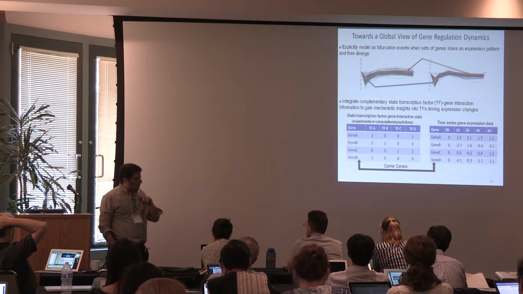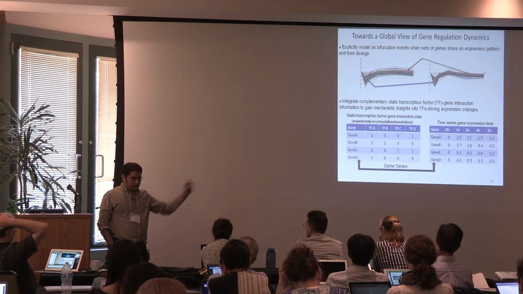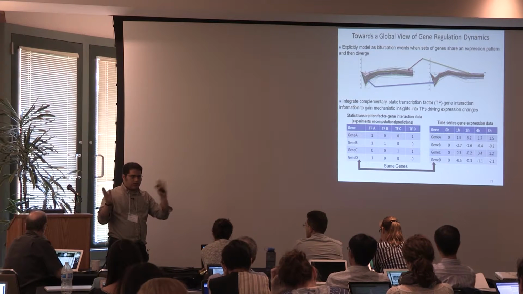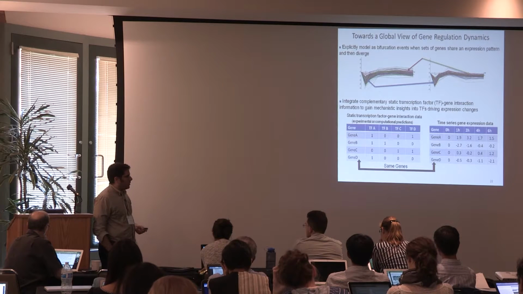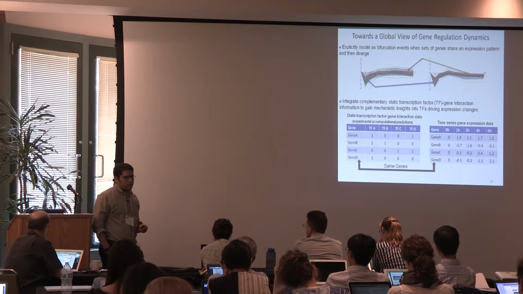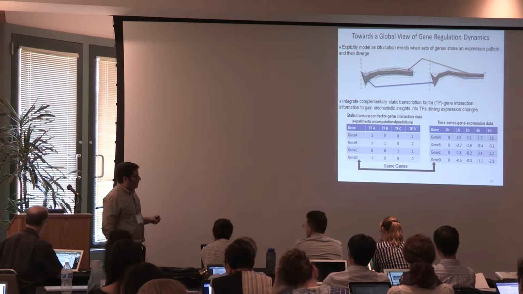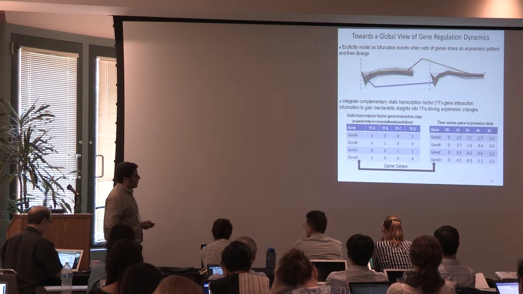And if it's always an activator or always a repressor, it's not much really lost by just putting 1, 0. Where it's important is if it's half the time working as an activator and half the time working as a repressor in the same cell type. That's where it can be very useful to know the direction in terms of the modeling. In general, it would be useful to know, but that's where it would affect the actual model that would result.